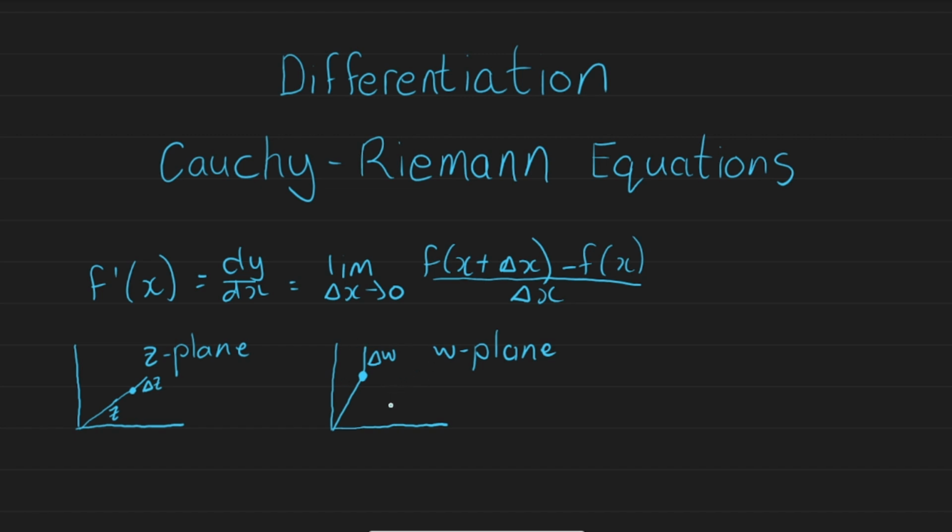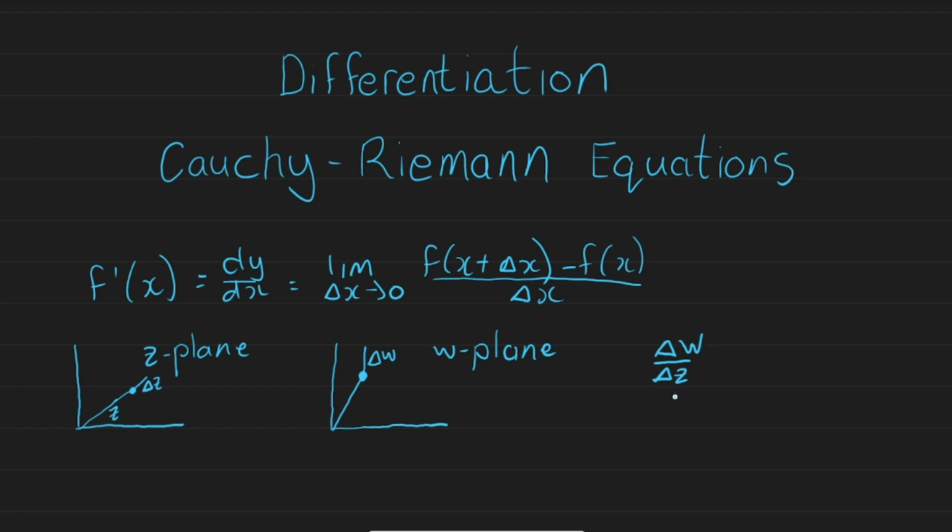So when we speak about derivatives in the complex plane, what we're asking is, when we have some differential change in the complex variable z, how much does w change by? What is the rate of change of w as z is changing?